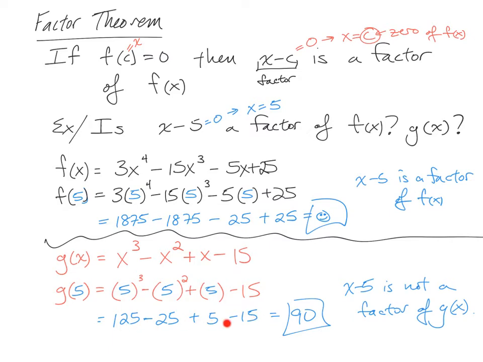And then when you combine all of these numbers together, you get 90. And 90 is not 0. So x minus 5 in this case is not a factor of g of x.